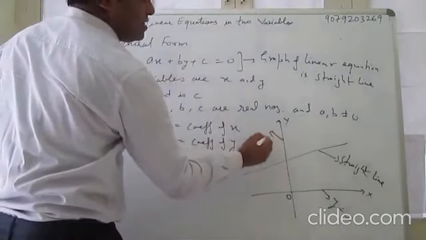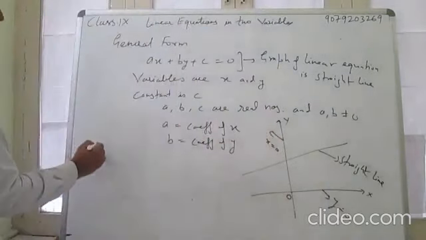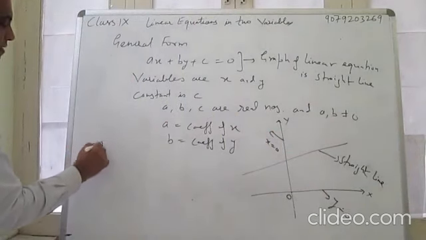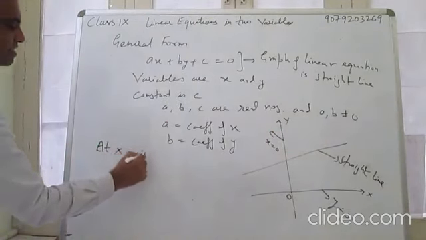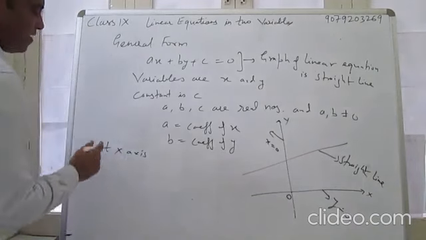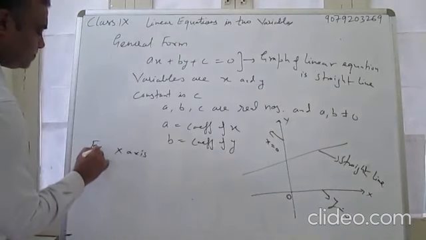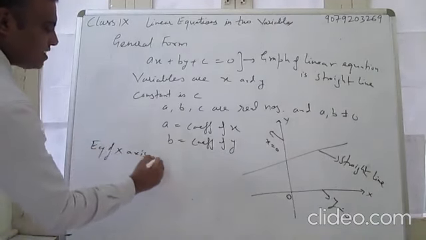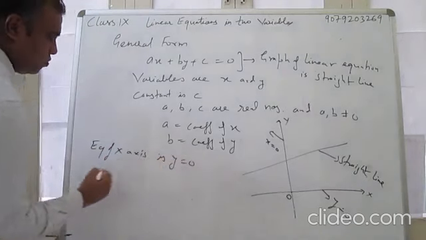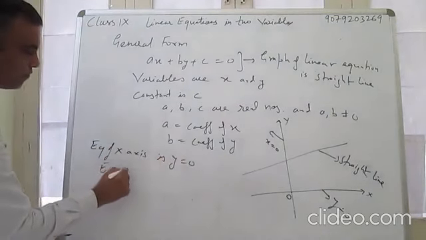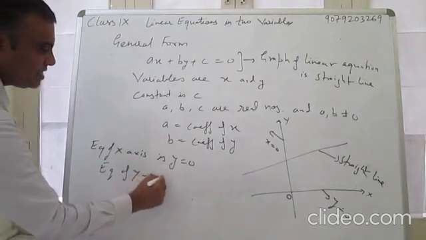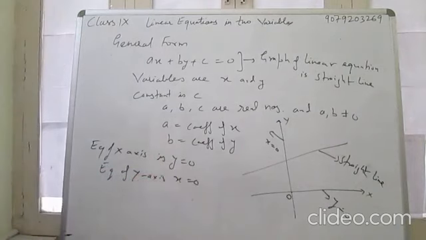At the y-axis, x is equal to 0. The equation of the x-axis is y is equal to 0. The equation of the y-axis is x is equal to 0.